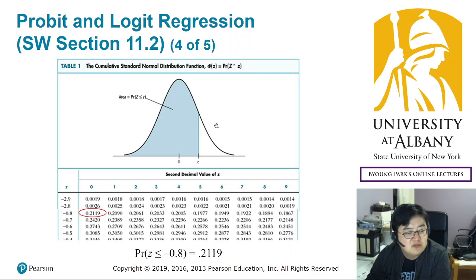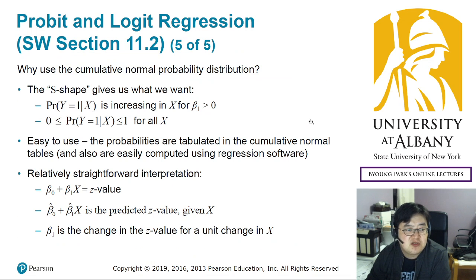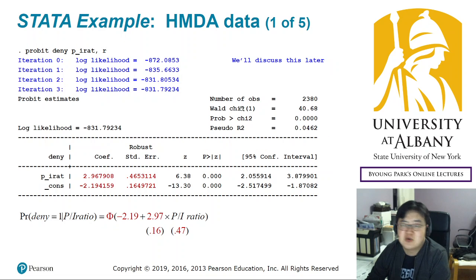The standard normal distribution is used here, and its implementation is pretty simple. Virtually, there is no difference from regression, so you can do the same thing. And you can read the table in the same way.